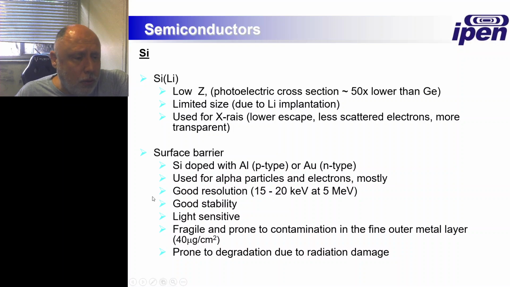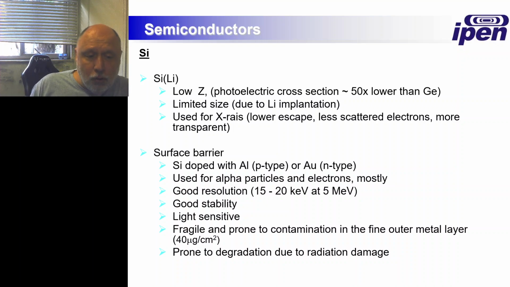There's good stability, but they are light sensitive and they are very fragile because they have a very fine outer metal layer, since you don't want it to block the alpha particles. So if you touch it or anything touches it, it will be contaminated, or you scratch it and the detector won't be good anymore.